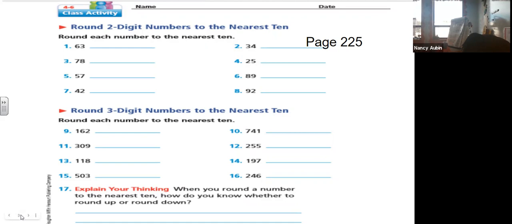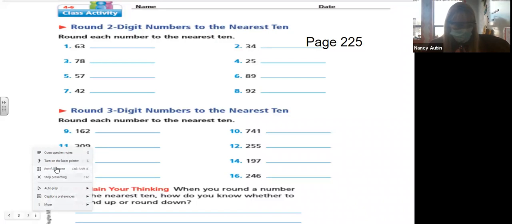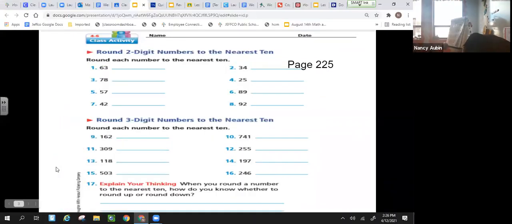So he says, look at the ones place first. Okay, so since the 3 in the ones place is lower than a 4, I round it down to 60.